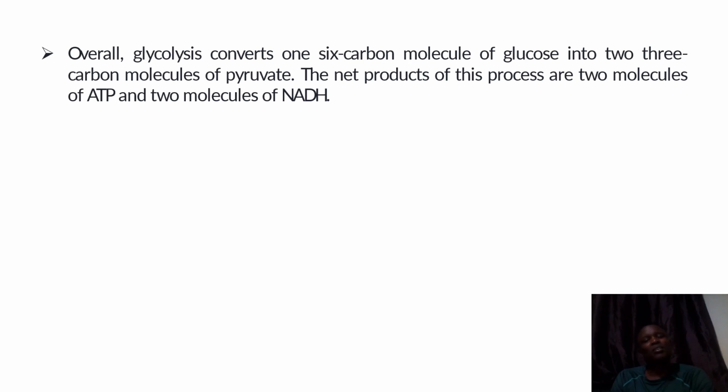Overall speaking, glycolysis converts 6-carbon molecules, that's glucose, into 3-carbon molecules of pyruvate. The net products of this process are 2 molecules of ATP and 2 molecules of NADH.